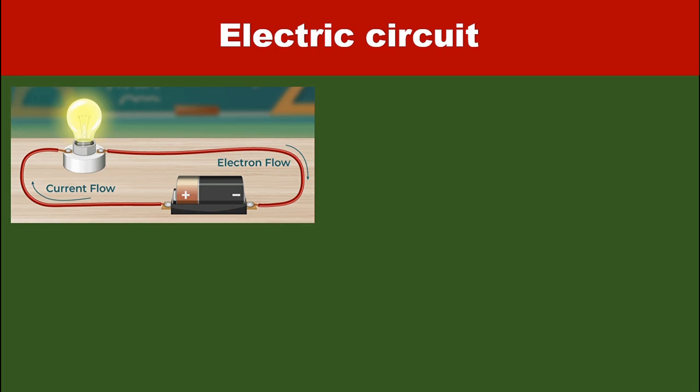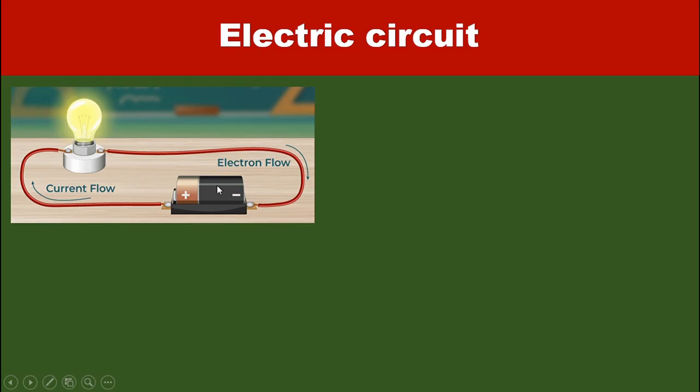Let us discuss the electric circuit. You see a picture here. This is the battery. On one end is the positive terminal, and on the other end, the negative terminal.